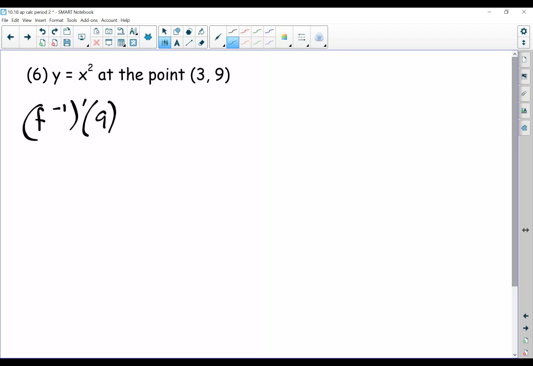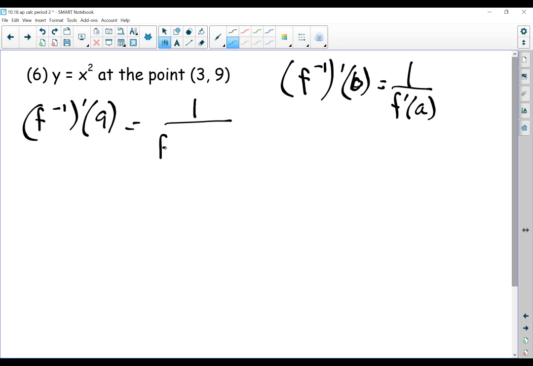By definition, f inverse prime of b is 1 over f prime of a. So this is going to be 1 over f prime of f inverse of 9.